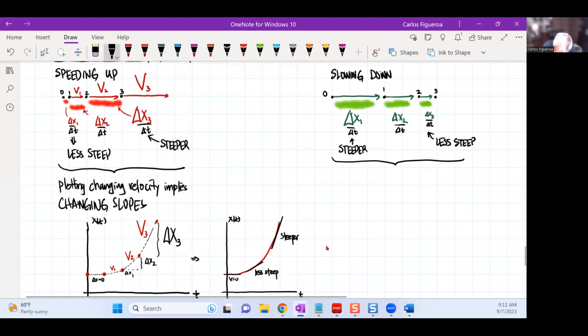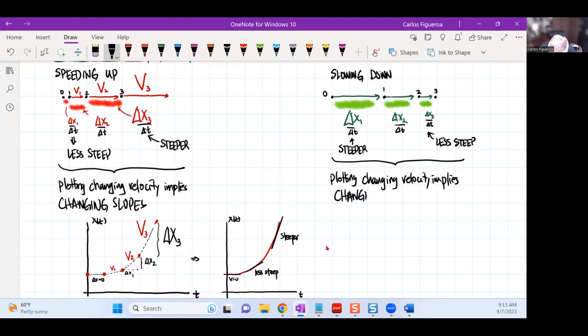As we said over here, plotting changing velocity implies changing slopes.